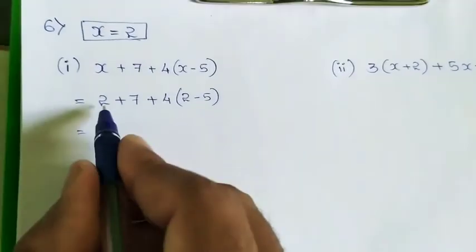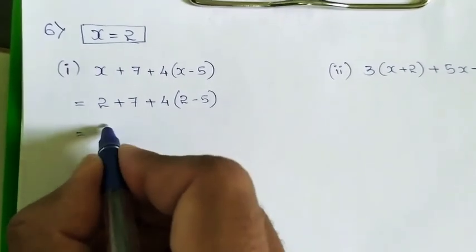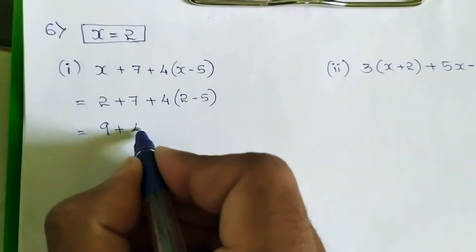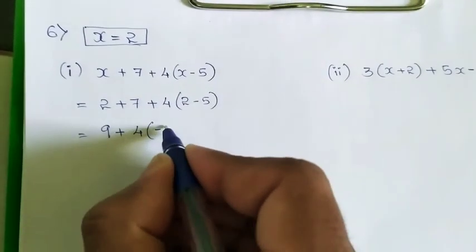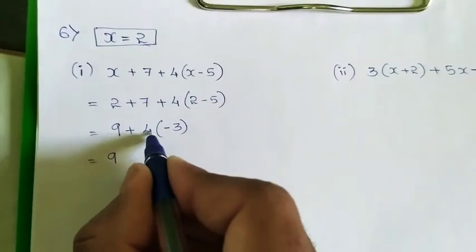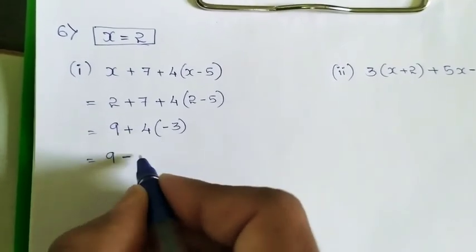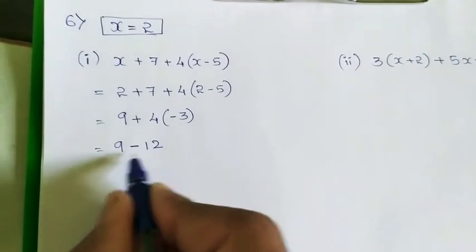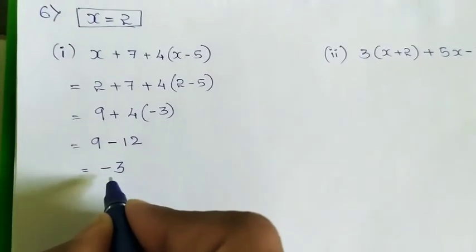Okay, first do the addition here, because they are independent. 2 plus 7 it will be 9, plus 4 bracket means multiplication, 2 minus 5 it will be minus 3. So 9 plus 4 into minus 3, it will be plus into minus, minus 4 3s are 12. So 9 minus 12, it will be minus 3.